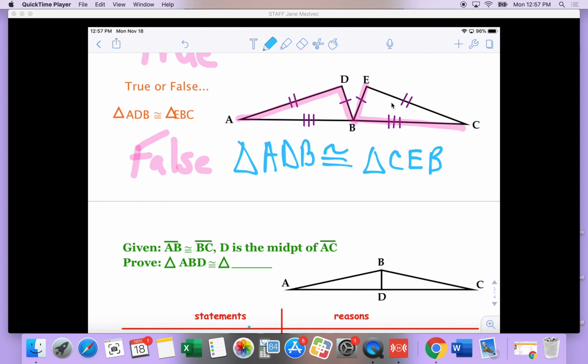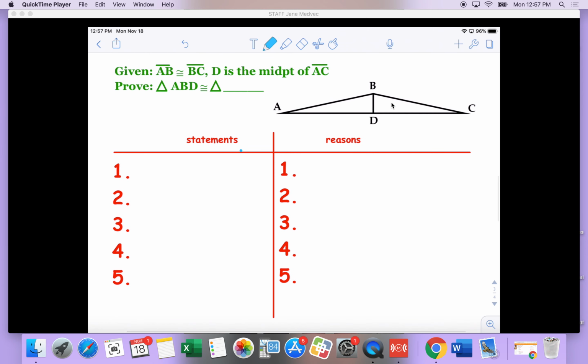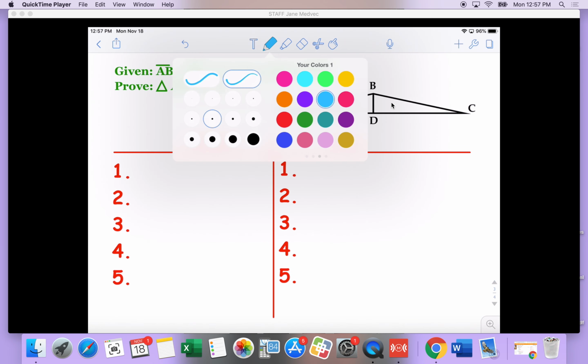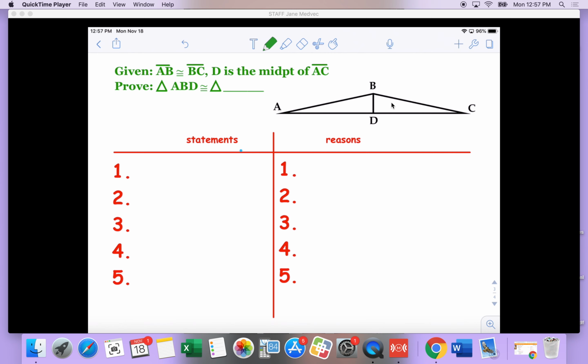Okay, let's go to the final proof then. All right, so it is given that line segment AB is congruent to line segment BC. It's given. And I'm going to mark it up. Again, make sure that you mark it up.